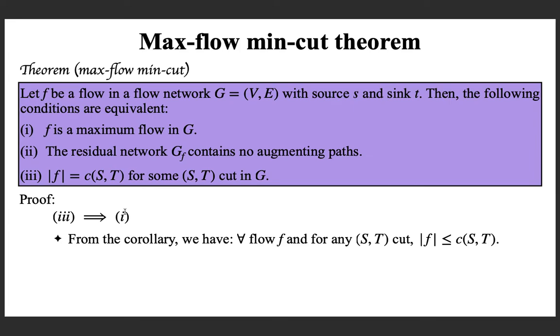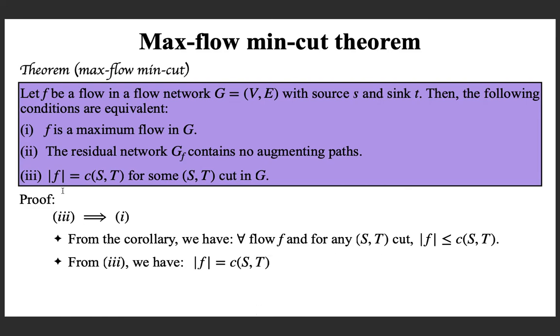Recall that corollary that we discussed for that lemma. What is the corollary? We said that any flow in any network is upper bounded by the capacity of a cut. That is, the net flow value must be less than or equal to the capacity of any ST cut.